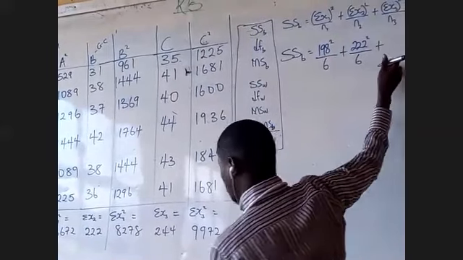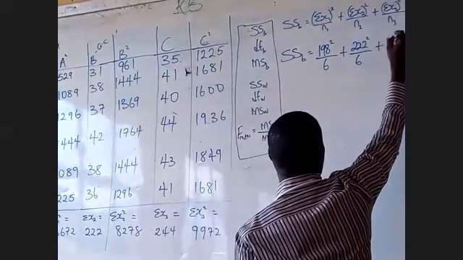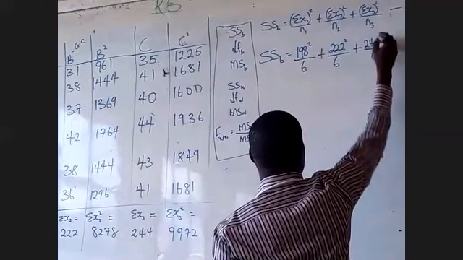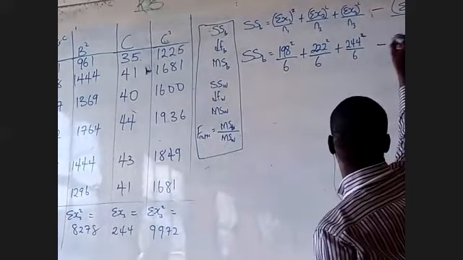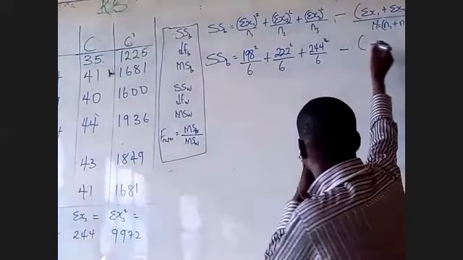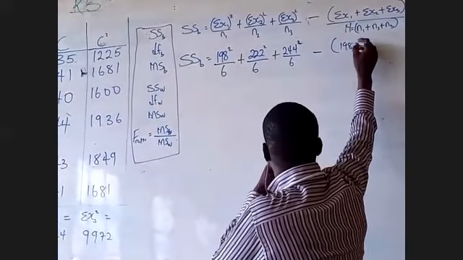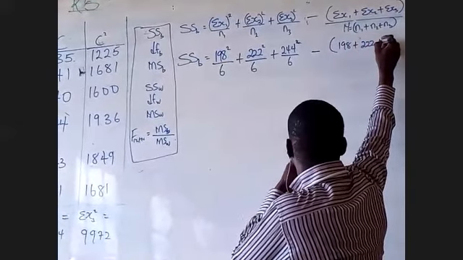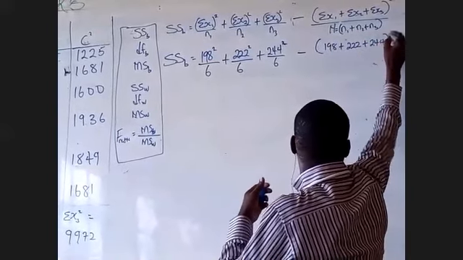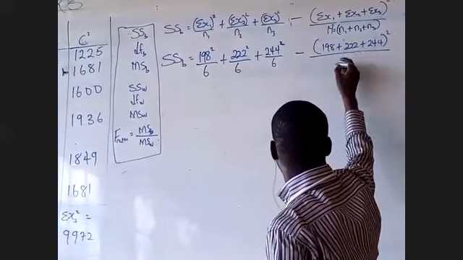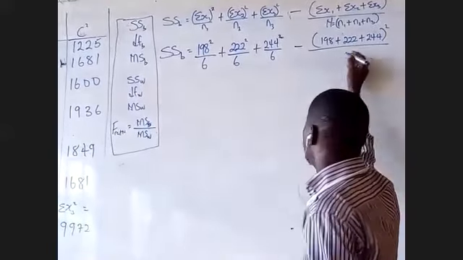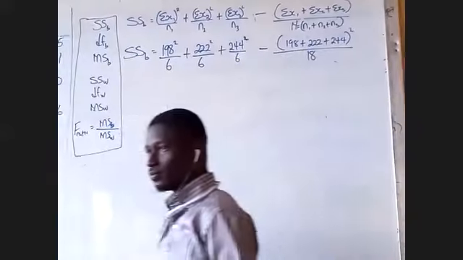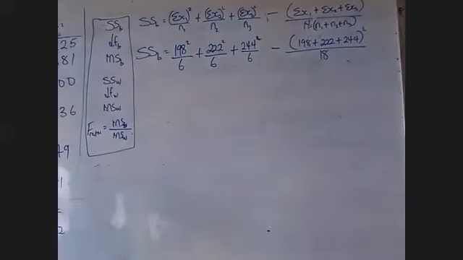Plus summation x3, which is 244 square over 6 also, because it is also 6 in number. Minus 198 plus 222 plus 244 all square divided by 18. I believe we all know we got 18: 6 plus 6 plus 6 is 18. I hope we are getting it.